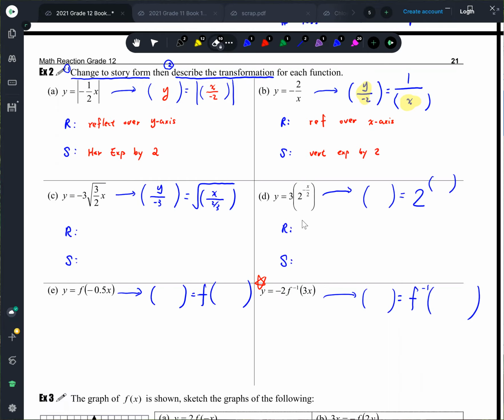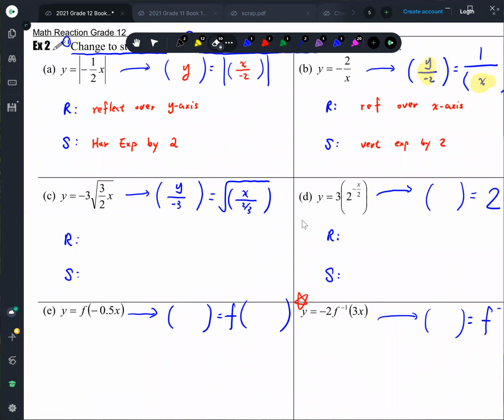Okay, let's check the R, the reflection, for question C.